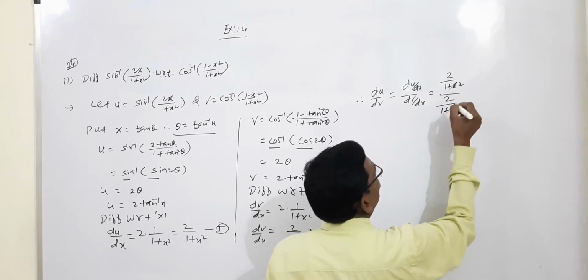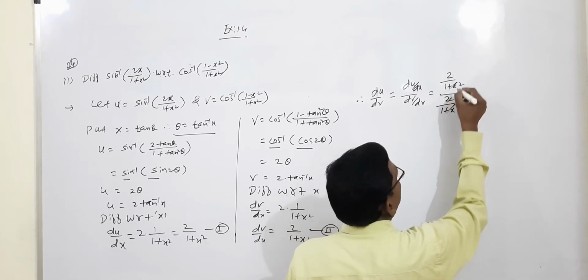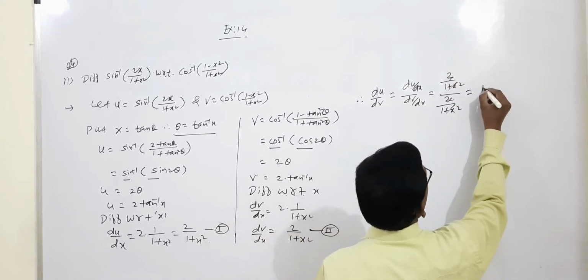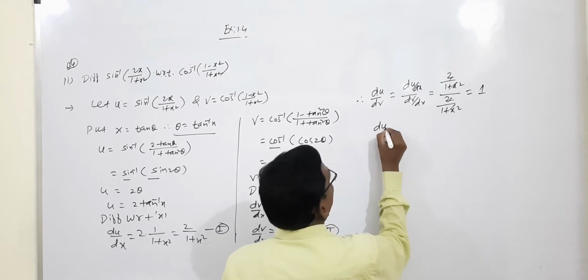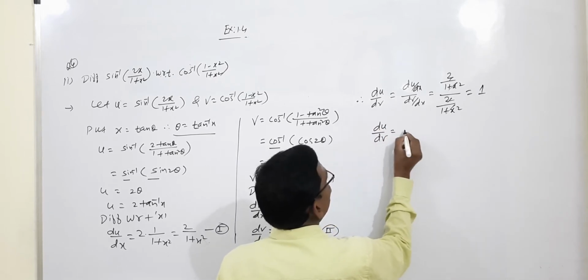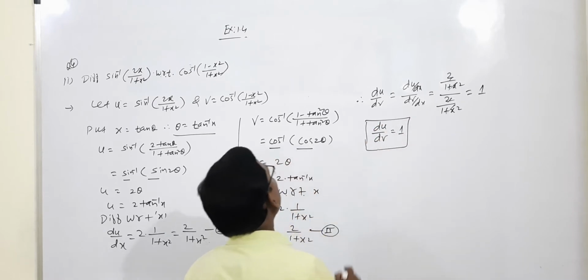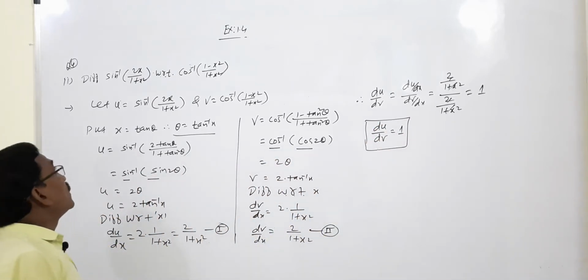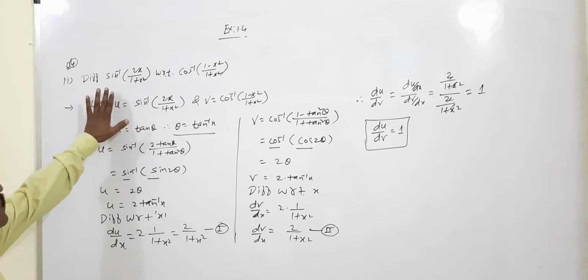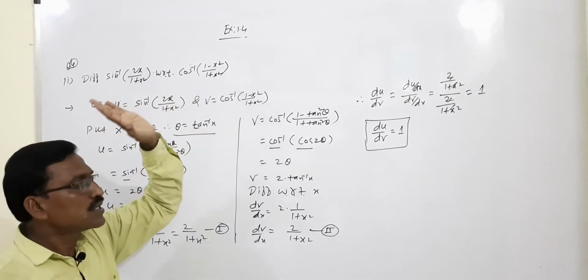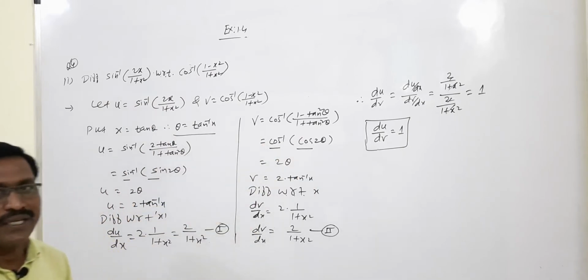Therefore 1 plus x square cancels with 1 plus x square, and 2 by 2 is equal to 1. Therefore the derivative of sine inverse of 2x upon 1 plus x square with respect to cos inverse of this is 1 only.